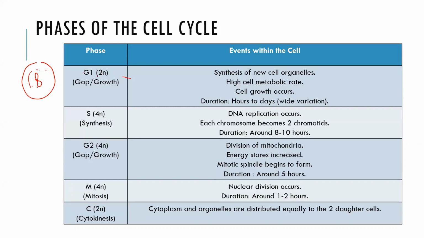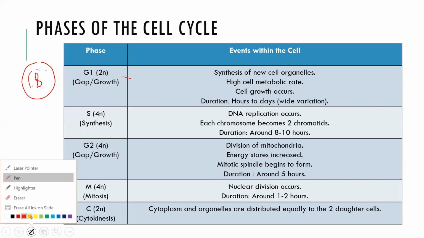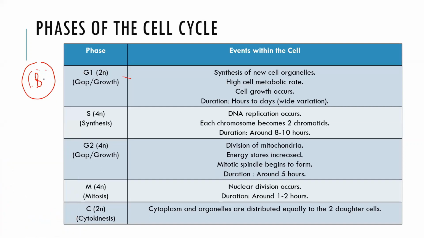So we have a maternal chromosome set and a paternal chromosome set. So you have 46 chromosomes. So during this phase, there is synthesis of new cell organelles and cell growth occurs, and the normal cell activity occurs during this phase.